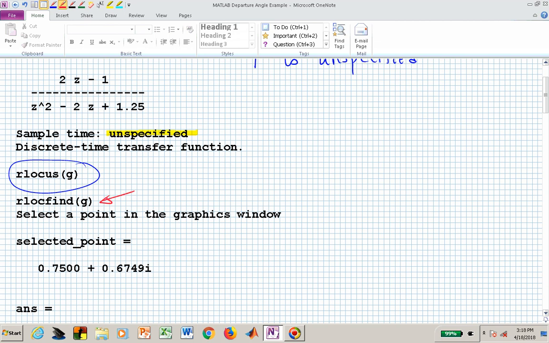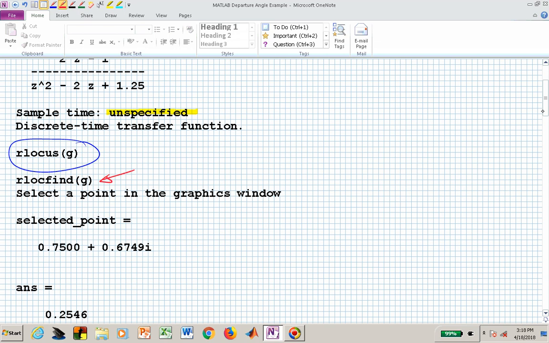This rlocfind allows me now crosshairs to be superimposed on the root locus diagram, and then I can left mouse click wherever I locate those crosshairs. And in this particular case, I located those crosshairs where before we were intersecting with the unit circle for the first time.